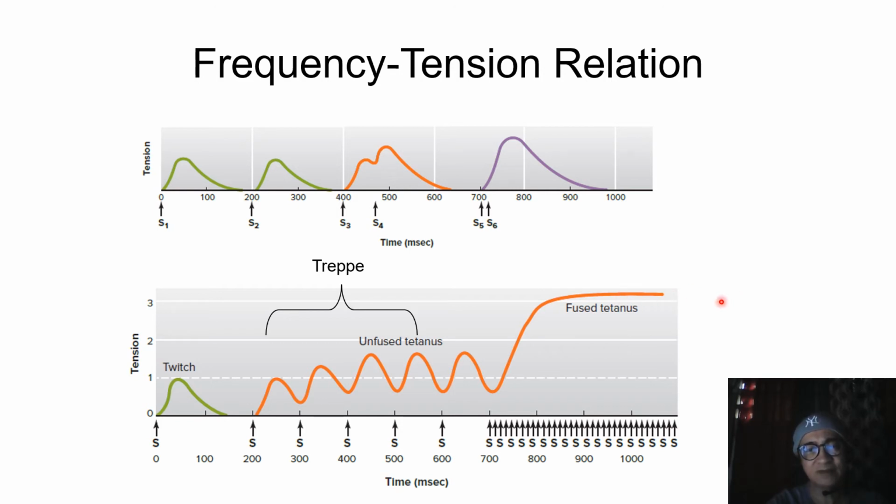There is a moment when these contractions begin to fail and produce a downward slope. At that point, the muscle will have already undergone fatigue, and continued application of the stimulus wouldn't produce contractions anymore in a fatigued muscle.